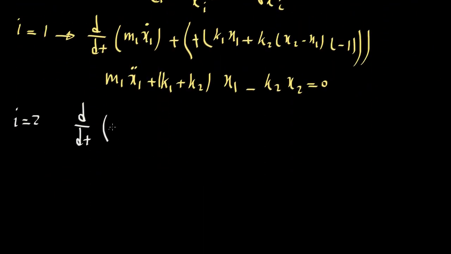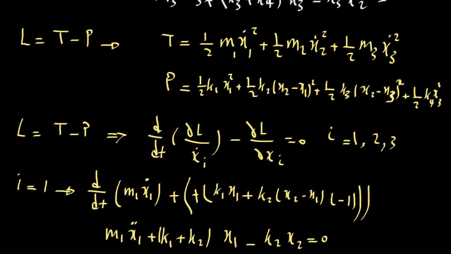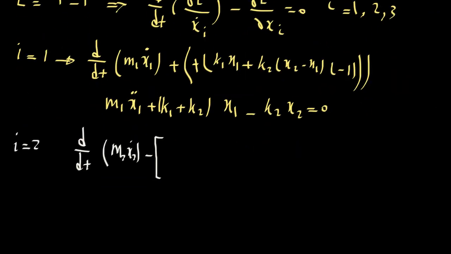So this would be m2 x2 dot, minus the derivative of the Lagrangian with respect to x2. And because we have a minus here, we have to put another minus here.